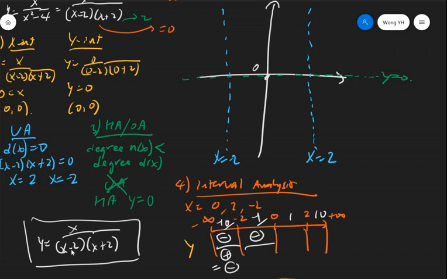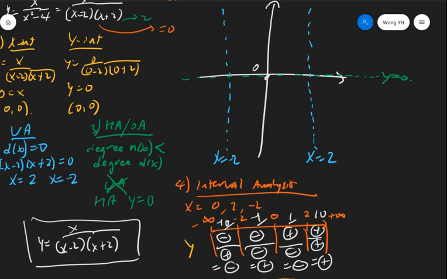So negative times positive gives negative, and negative divided by negative, overall we will get a plus. Okay. The third value 1, so on top plus, below will be a negative. Overall we will get negative. And the last one, of course, plus, overall will be plus.